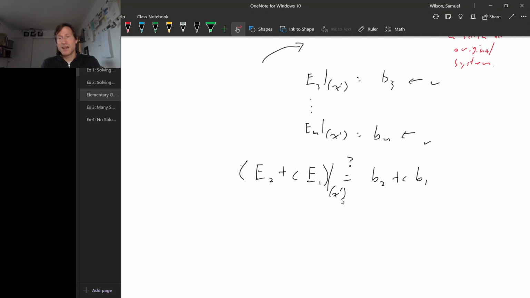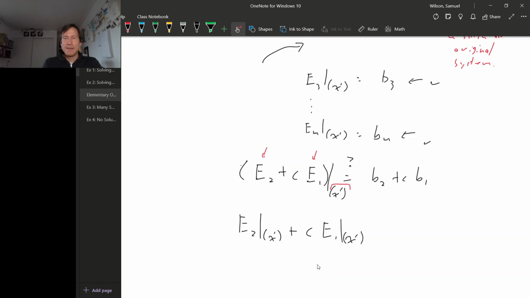Well, let's just check. Plugging some x values into this big mess is just the same as taking our e sub 2 and plugging in our x values, and then adding c times e sub 1 and plugging in our x values.